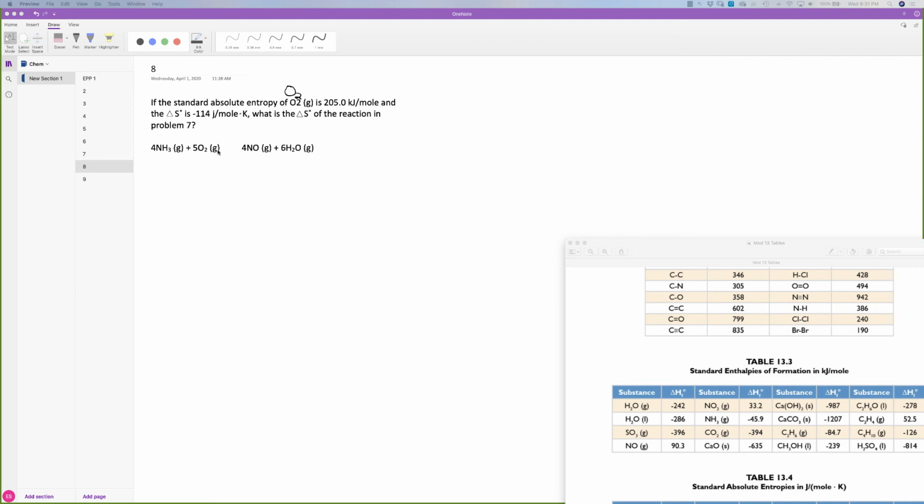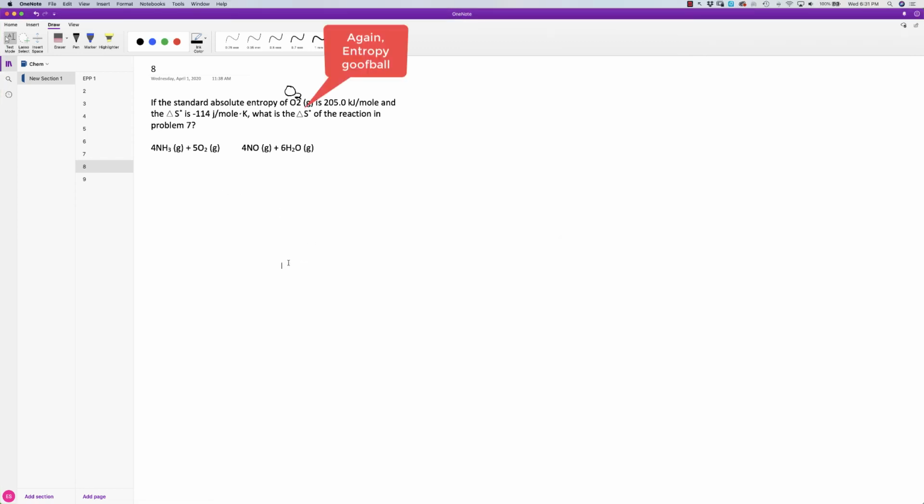So in this situation, we need to find the change in entropy, standard meaning standard temperature and pressure, remember, is equal to the sum of the change in entropies for the products minus the sum of the change in entropies for the reactants.